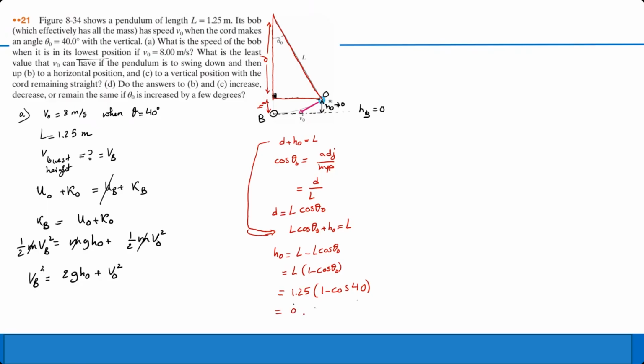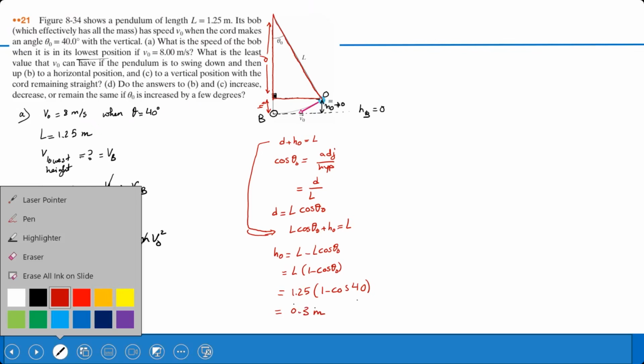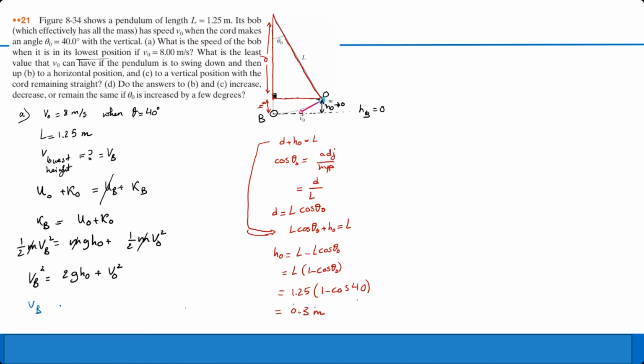I'll get 0.3 meters. And now I'll just substitute this in VB squared, or VB. It will be radical 2 times 9.8 times HO, which is 0.3, plus V0, which is 8. If you solve this, you will find VB, let me check.